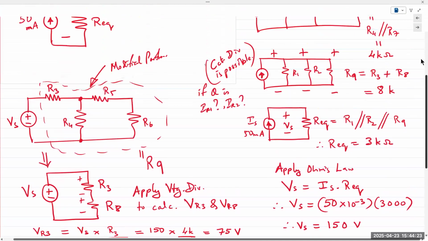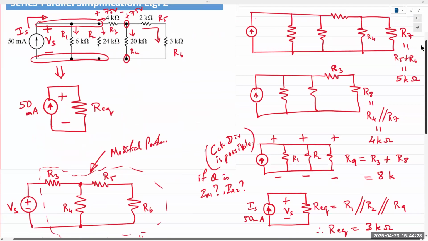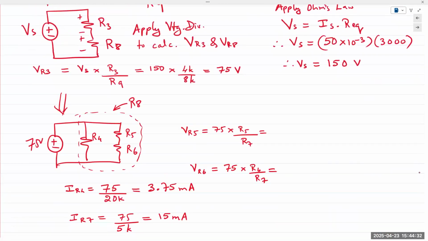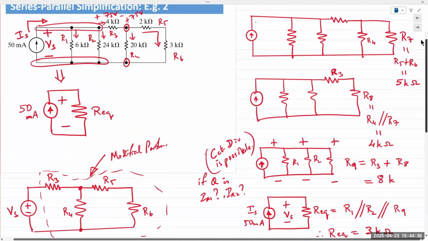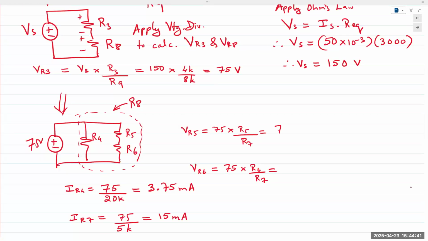What is R7? R7 is 5 kilo ohms. R5 is 2 kilo ohms. So 2 divided by 5. What is this answer?